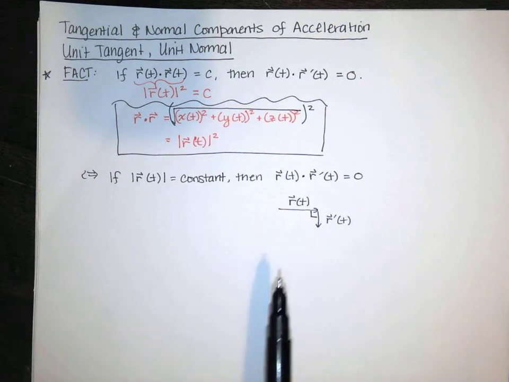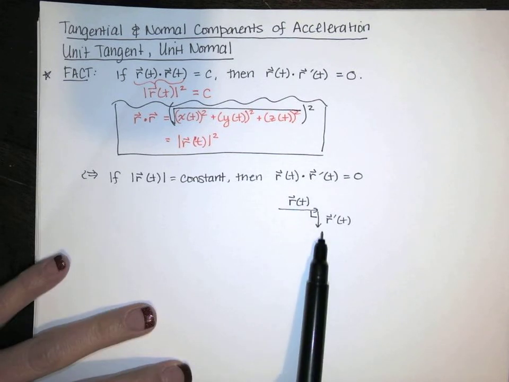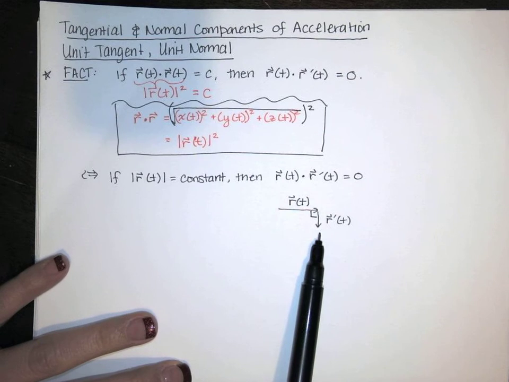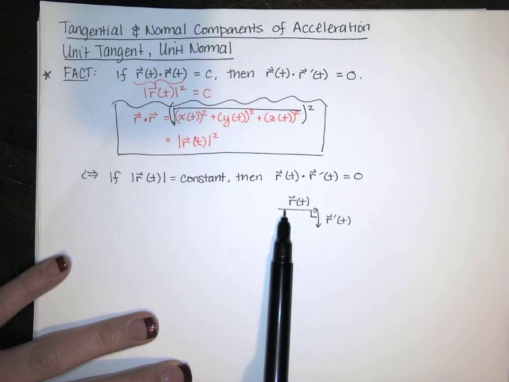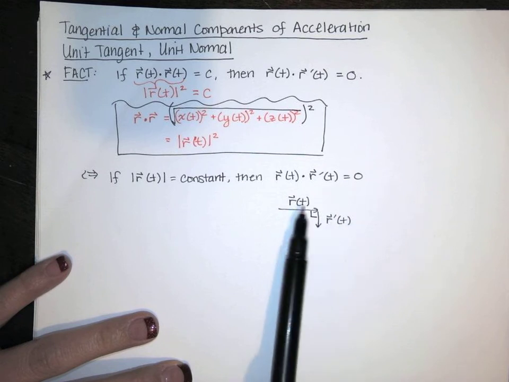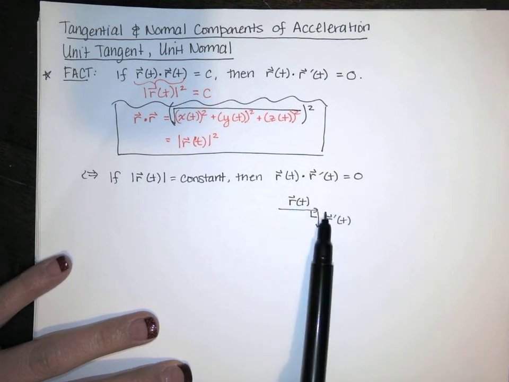I also like to think about the contrapositive of this. If r and its derivative weren't acting in perpendicular directions, if some part of the derivative was acting parallel to r, well that's going to force r to be longer or shorter. If I had some part of the derivative that was acting this way, then the new r would be a little bit longer.